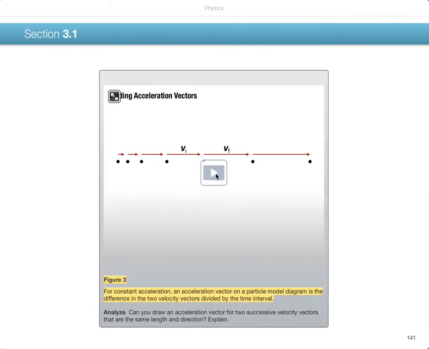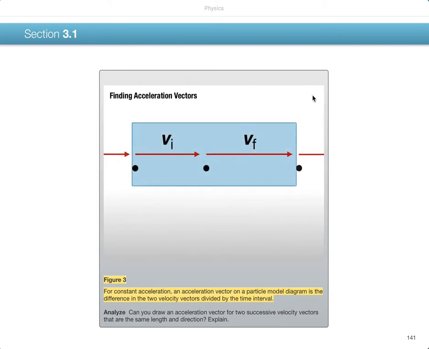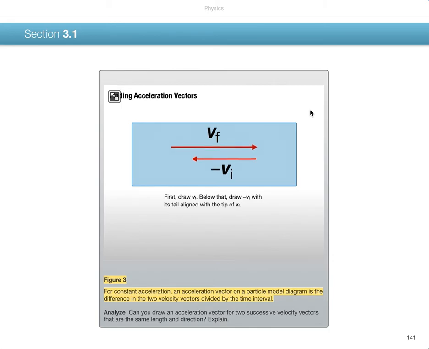Here is a good figure. It goes through a little bit of a complicated view, but we're going to use our knowledge of vector subtraction to find delta v if we know the initial and the final vectors. Remember, delta v is final minus initial. So if we focus on this time interval, we could say that delta v is v final minus v initial.